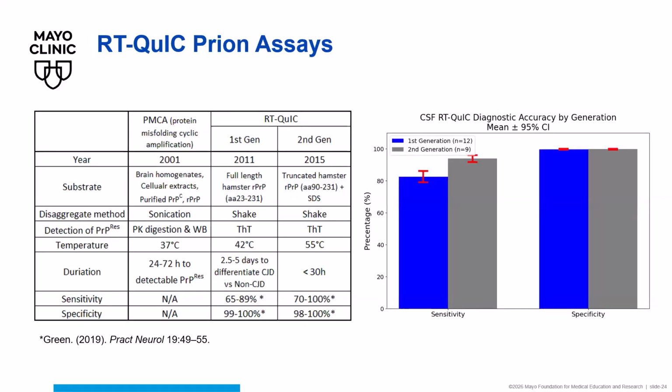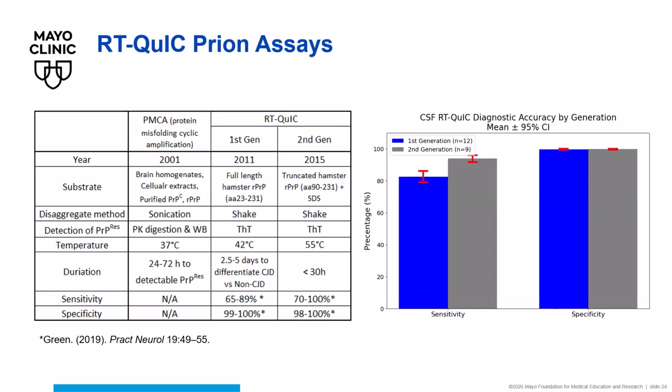The original concept of how this assay would work came in 2001, and it utilized sonication and included some enzymatic digestion. Then in 2011, what we call first generation RT-QuIC assays used a particular type of substrate.